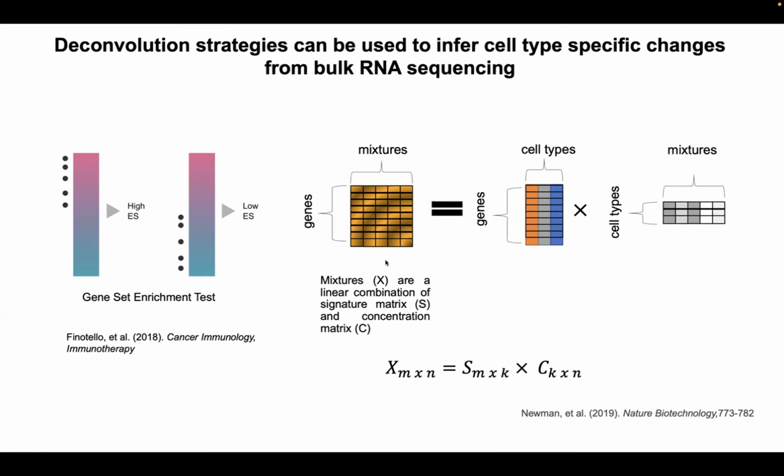Generally, we assume the mixture matrix is a linear combination of the signature matrix, where each row is one gene and each column is one cell type, containing the average gene expression profile. And when you have those two, you can deconvolute the cell proportion matrix out in a mathematical way.